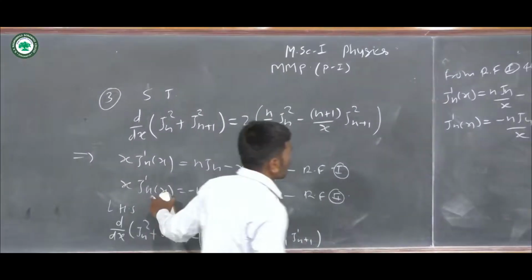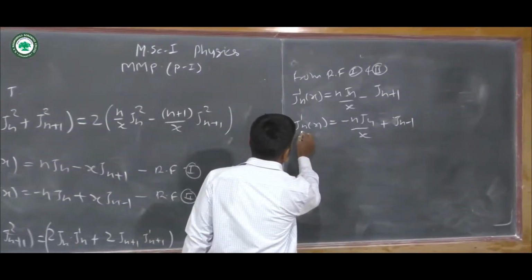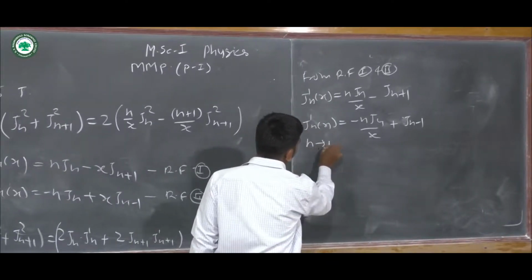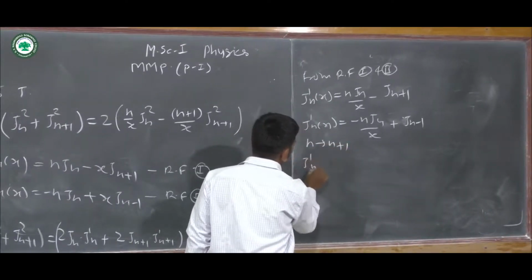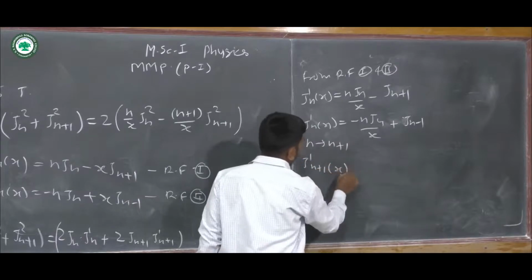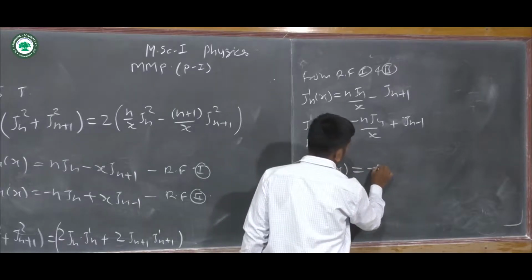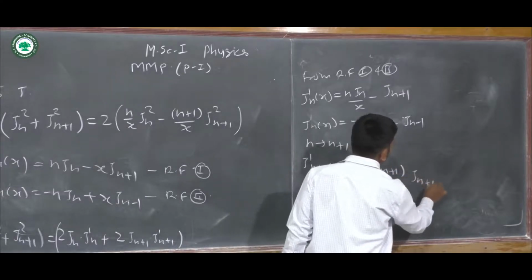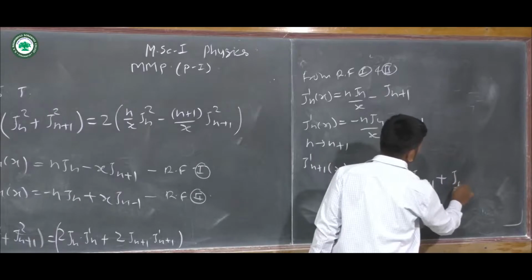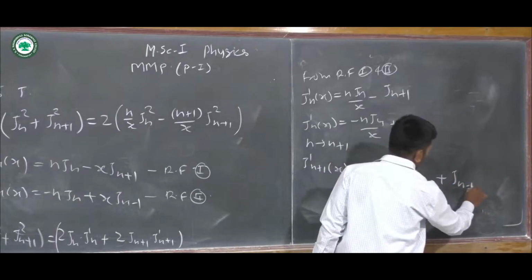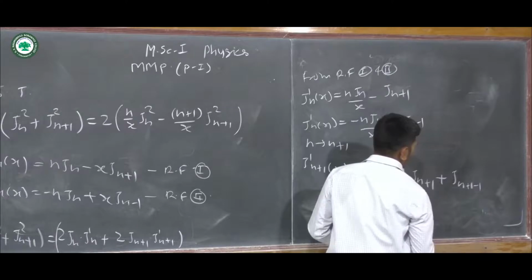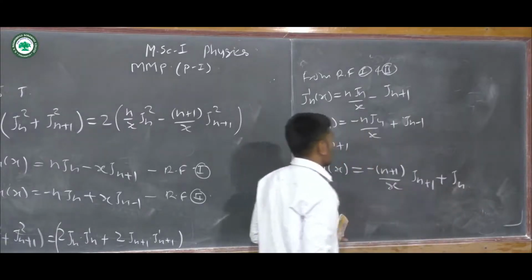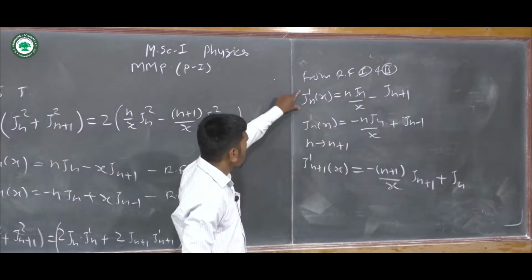Here, if I replace n with n plus 1, then J prime n plus 1 of x is equal to minus n plus 1 divided by x Jn plus 1 plus Jn, since n plus 1 minus 1 is n.